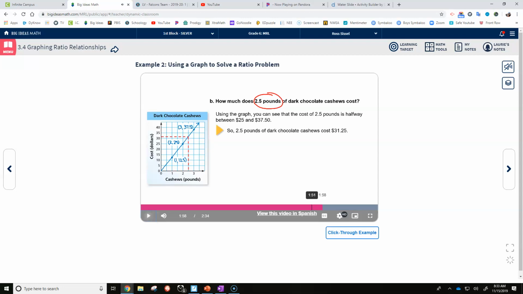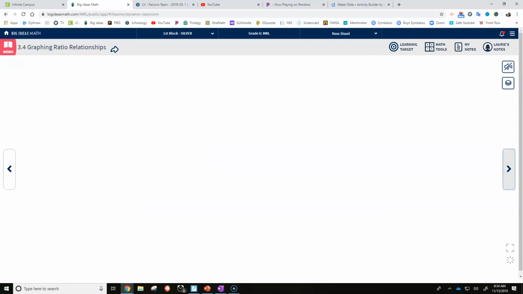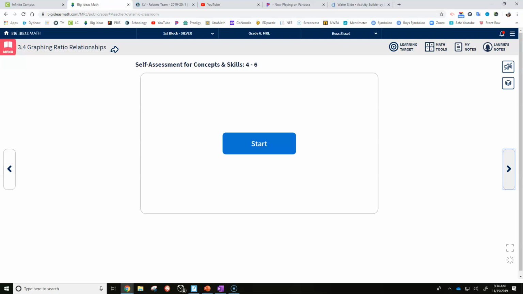So just like Avery said, because I went halfway between 2 and 3, okay, so 2 is at $25, 3 is at $37.50, so I go halfway between 25 and $37.50. Half between 25 and $37.50 is $31.25. Our estimate was only 25 cents off. Okay, that's pretty impressive.